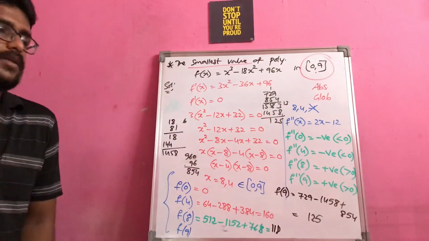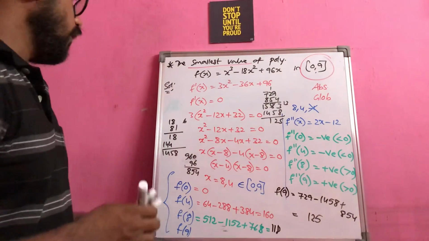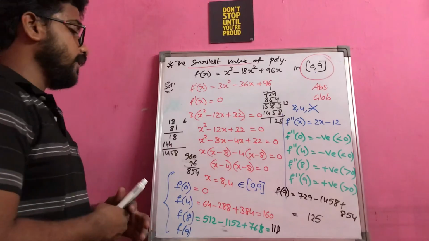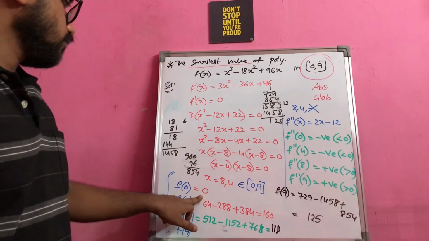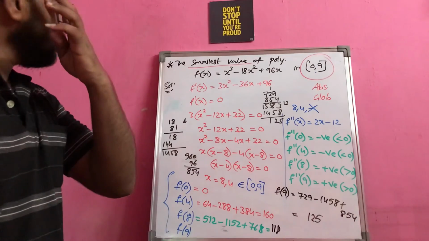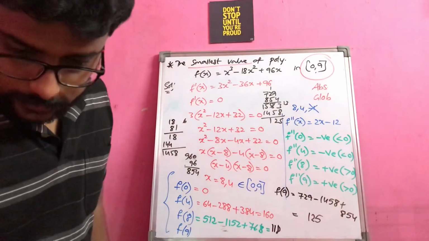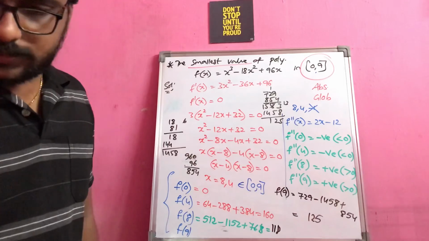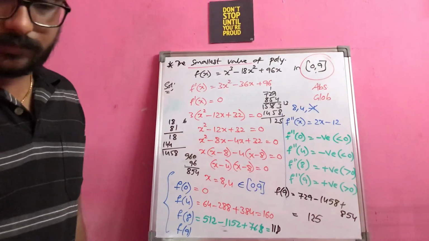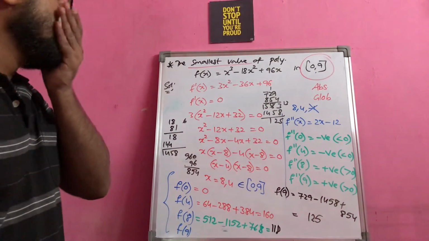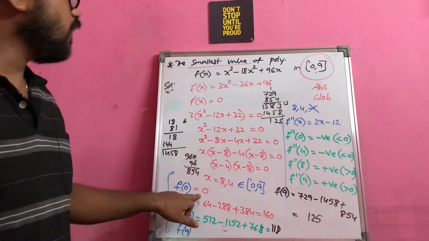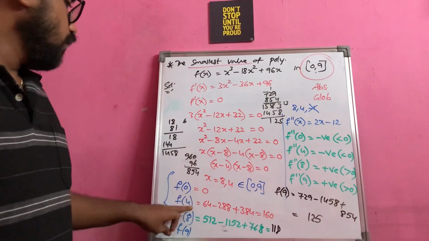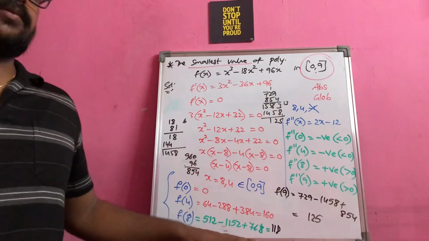See, as we discussed already, for the function x cube minus 18x square plus 96x, you can observe here, at 0 you are getting the minimum value, at 4 you are getting the maximum value.